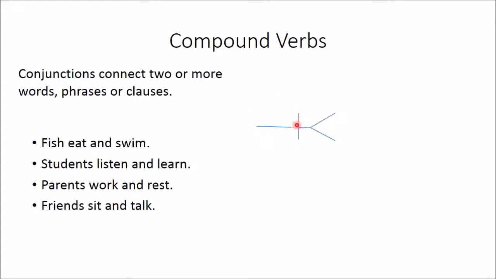Here's that vertical cross. Subject goes on the left, verb goes on the right, but since we have compound verbs this time, we have to split the verb side, okay? So we get friends, sit, and talk. We put the coordinating conjunction on the dotted line connecting the two elements that are connected in the sentence.